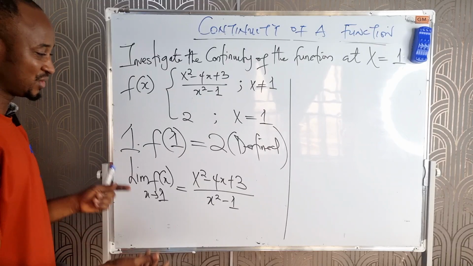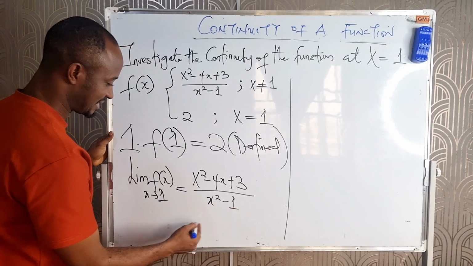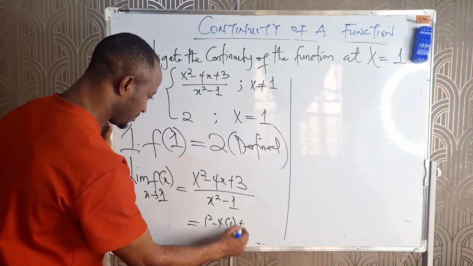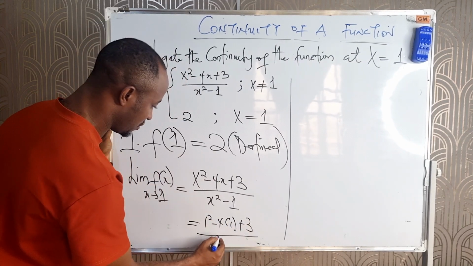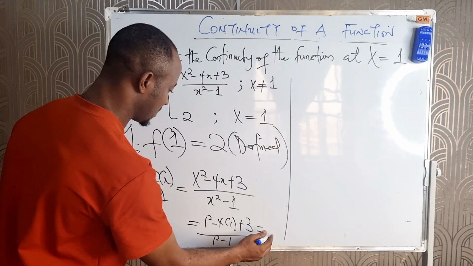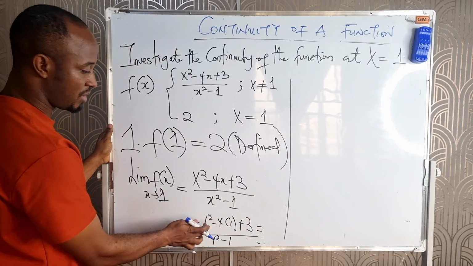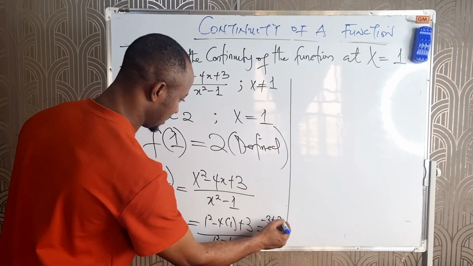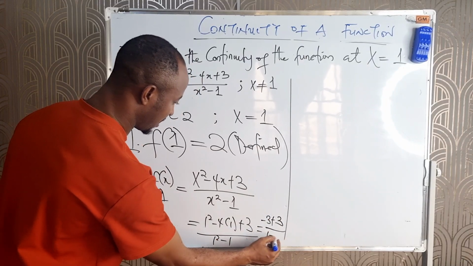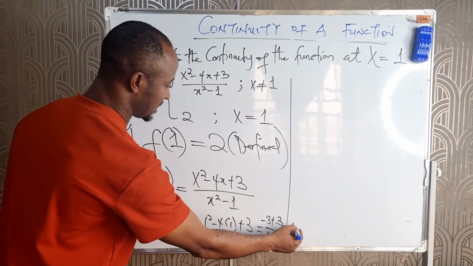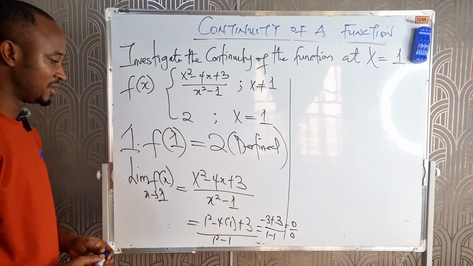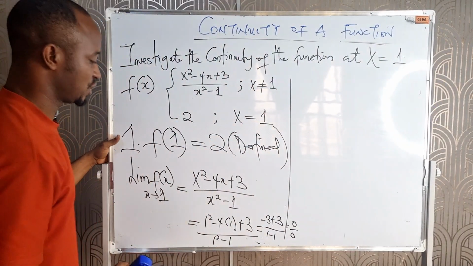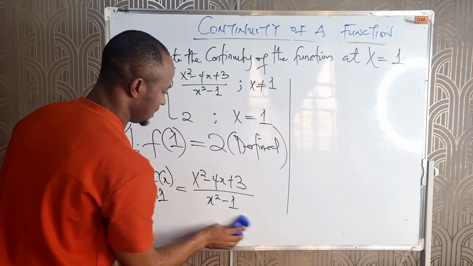Meaning by direct substitution, let's try it and see: 1 squared minus 4 times 1 plus 3 divided by 1 squared minus 1. 1 squared is 1. 1 minus 4 will give us minus 3. Then plus 3, divided by 1 minus 1. This will give us 0 over 0. So that means that we cannot use direct substitution to find the limit.